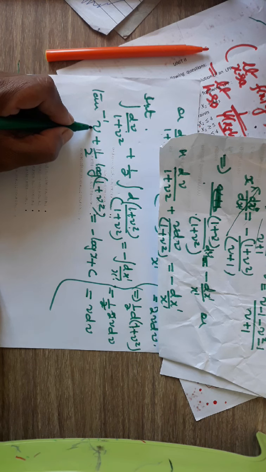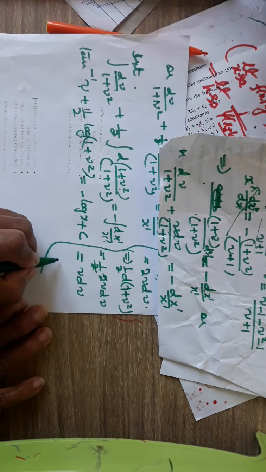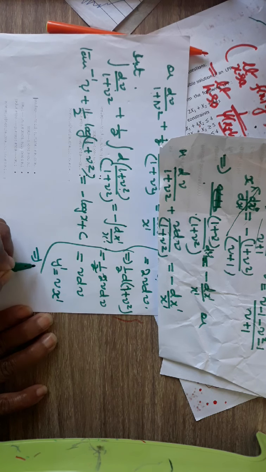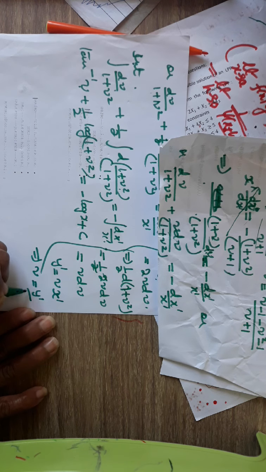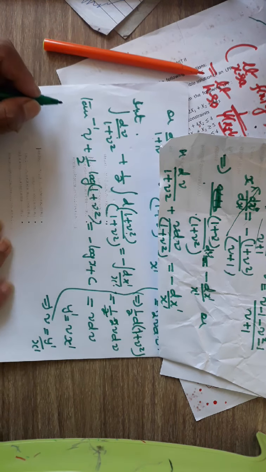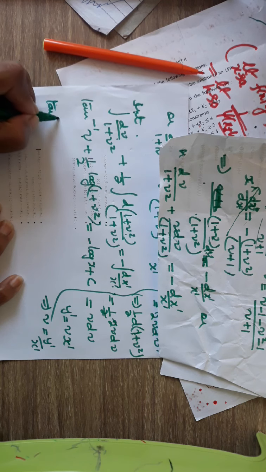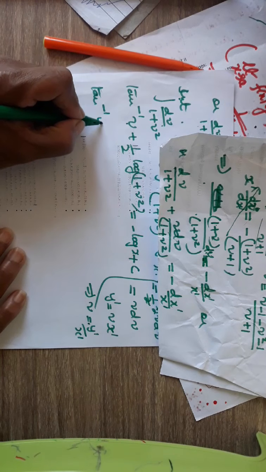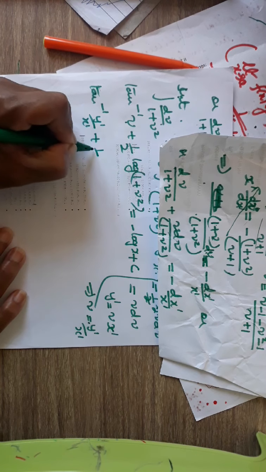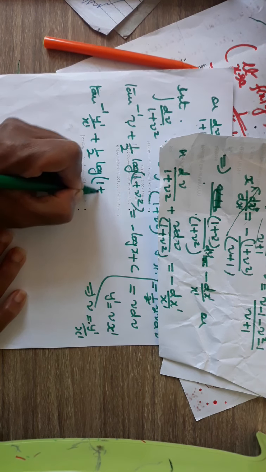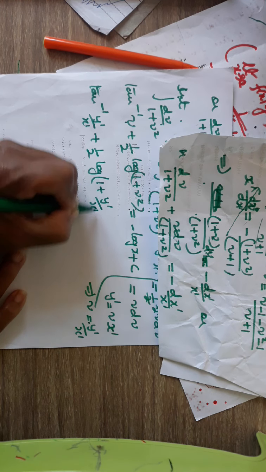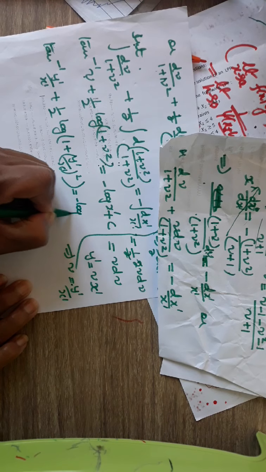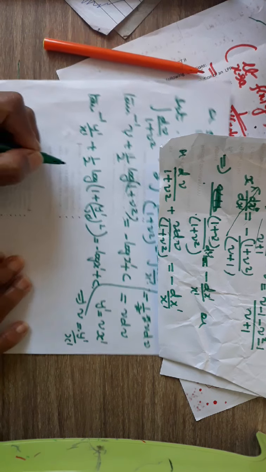Now what is v? In the original equation, what is v? y prime is equal to v x prime. So this implies that v is equal to y prime by x prime. So I'll replace this. We have here tan inverse of, instead of v I'll replace it by, y prime upon x prime, plus half log of 1 plus (y prime by x prime) the whole square is equal to minus log x prime plus c.